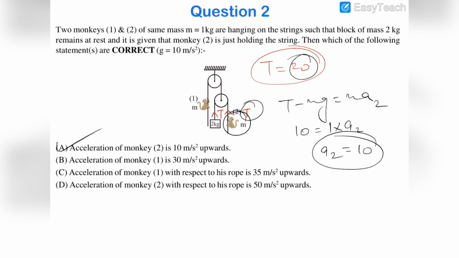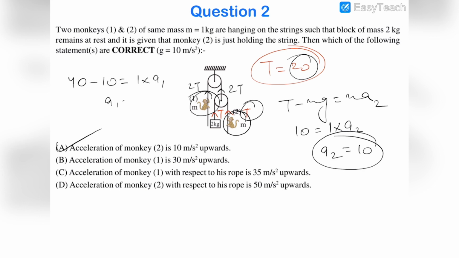So the acceleration of monkey 2 will be 10 in the upward direction, and now the acceleration of monkey 1. You know that this tension would be 2T, and 2T is 40. So for monkey 1, 40 is the force which is acting in the upward direction, and this monkey is experiencing mg in the downward direction, which is 10, and this is equal to 1 into a1.